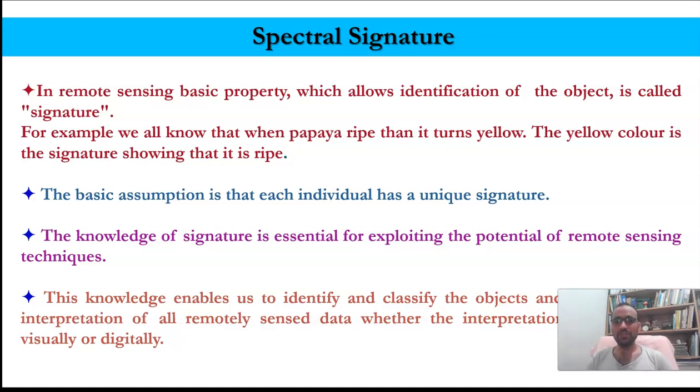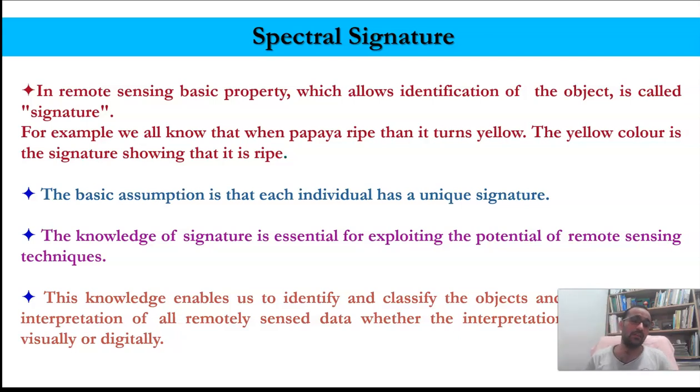The basic assumption is that each individual has a unique signature. Definitely different objects have different types of colors, or you may also say tones. We have 3 primary colors, then 7 secondary colors, then millions of different tones based on mixing of primary colors, right? So each and every object has a different signature.